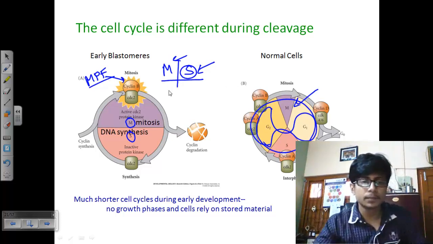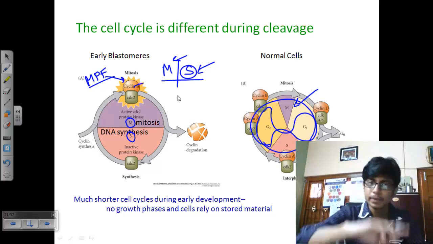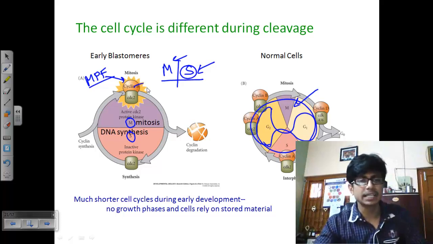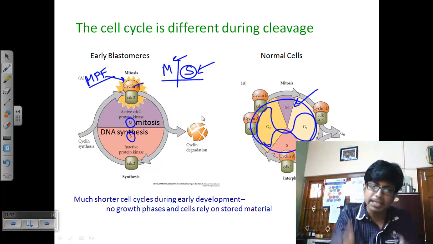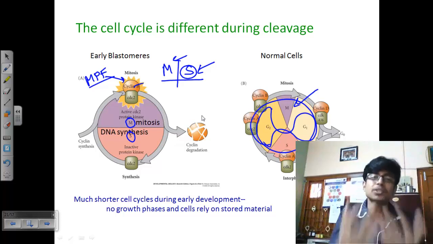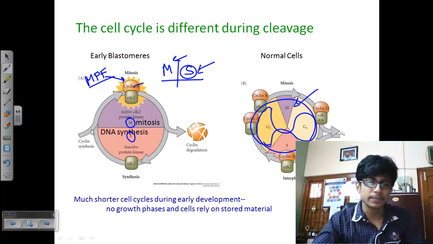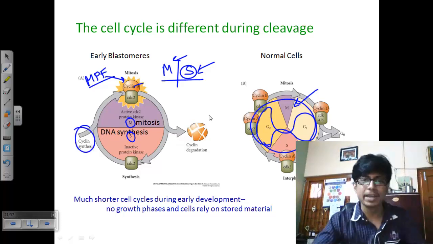And then after the process is done, every cycle, cyclin is degraded using a ubiquitin tag, and then again in the synthesis phase the cyclins are made as well as the DNA is duplicated, and then again the M phase occurs.